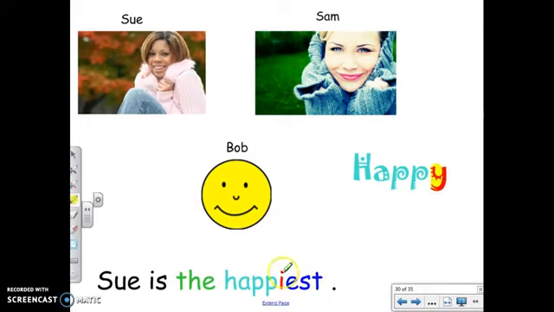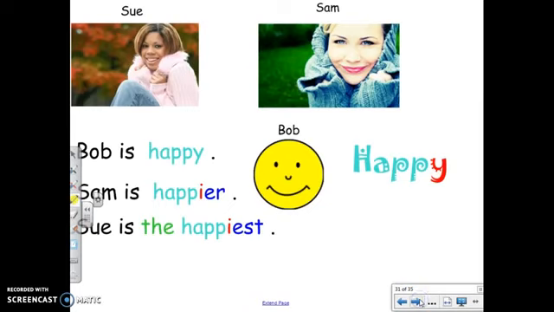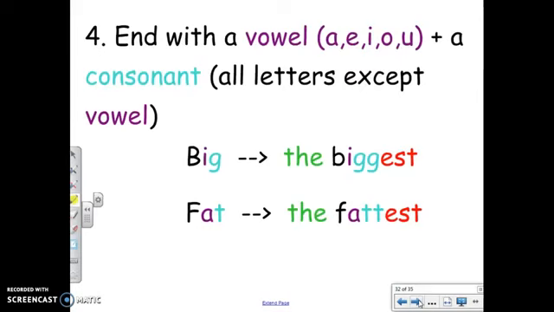I changed the y to i and put est. Remember the. Always put the in front of the adjective. Here, Bob is happy. Sam is happier. Sue is the happiest.